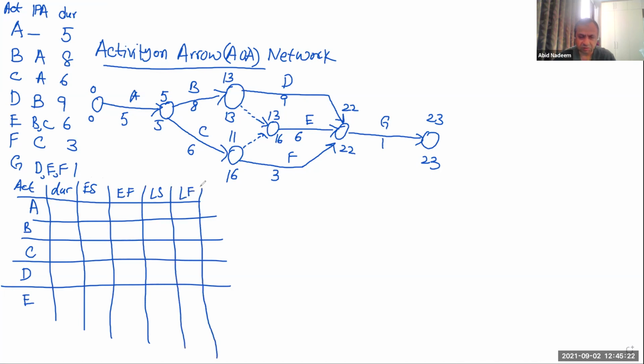So in this way, we don't get these pairs of values for each activity directly.